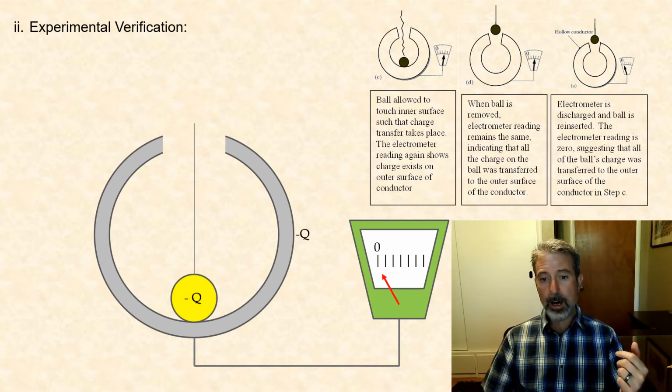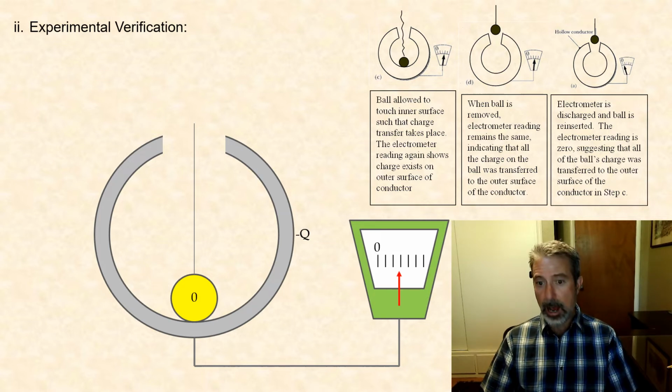And what we would find is that if all of the charge leaves the ball and goes to the outer surface of the conductor at charge minus Q, that would now give us the exact same electrometer reading we got in the previous case with the charging by induction, what we showed on the previous slide.